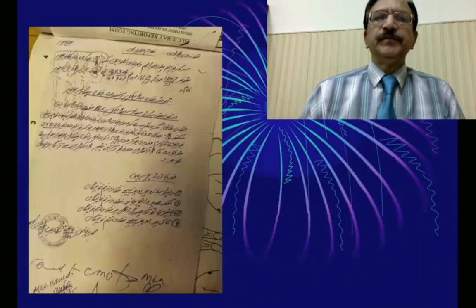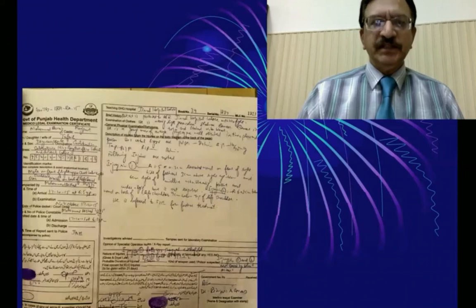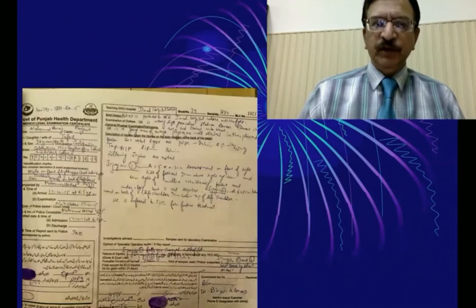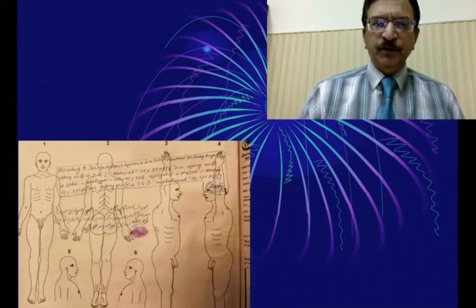This is the injury statement by the police officer. And this is the copy of the MLC, medico-legal certificate. And this is the back of that page, the pictorial diagram on which the injuries are labeled.